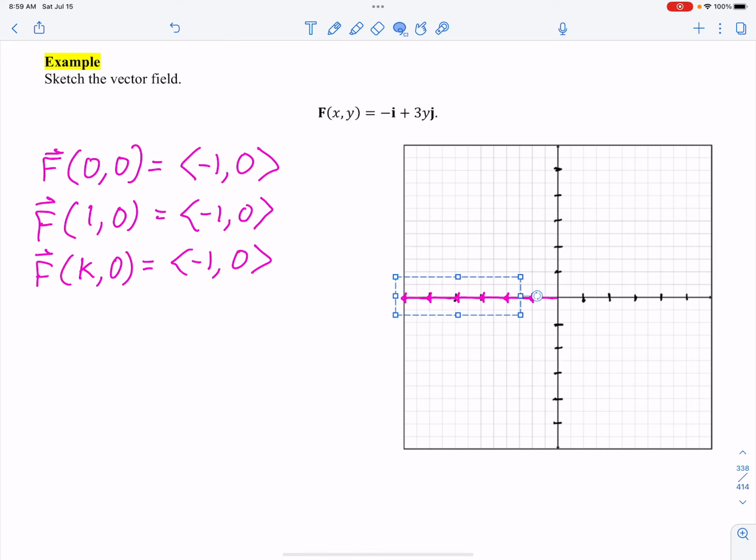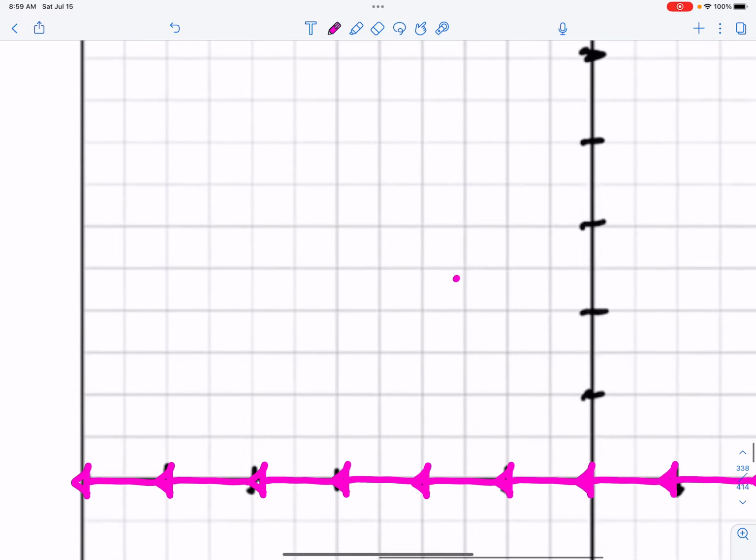Then we can just duplicate this because it's the same for any positive or negative x, so you copy them over. We get vectors going across that way. If I'm sitting on the x-axis, I'm getting pushed to the left, one unit at a time, whatever that means. We actually have vectors in between all these vectors too. We have a vector at every single point. If you zoom in all the way, we're going to have a vector right here, but we're also going to have a vector right there, right there, right there, right there.